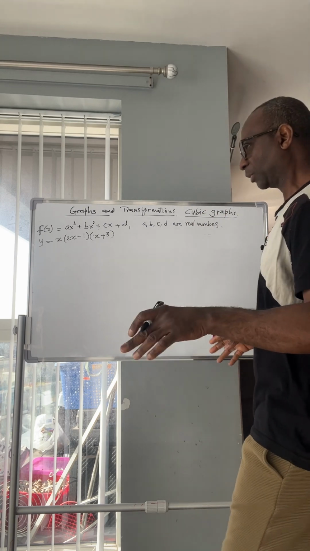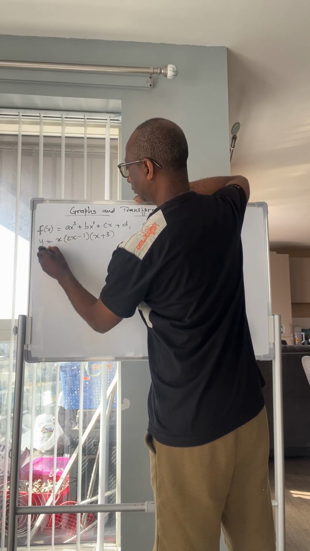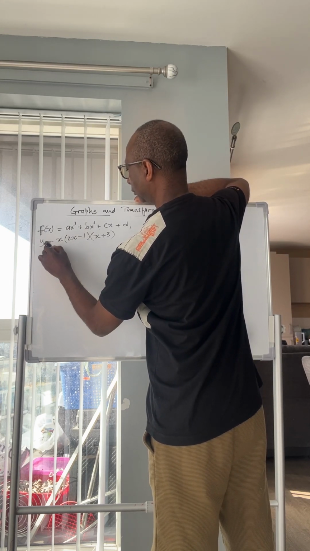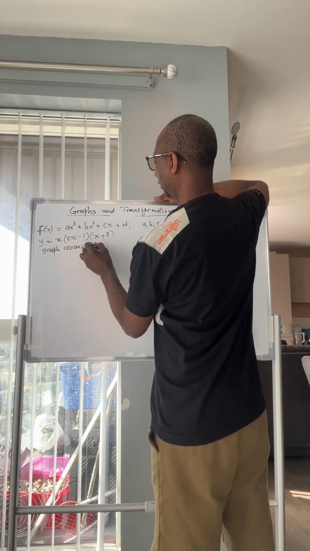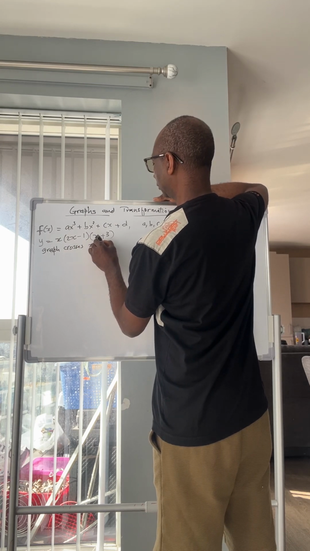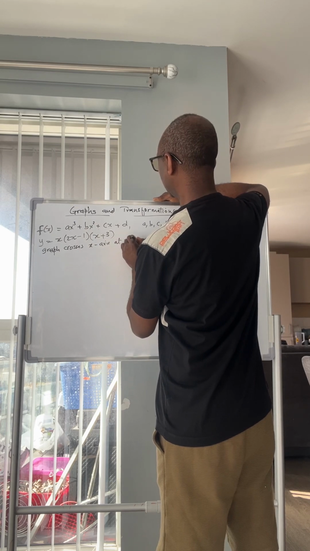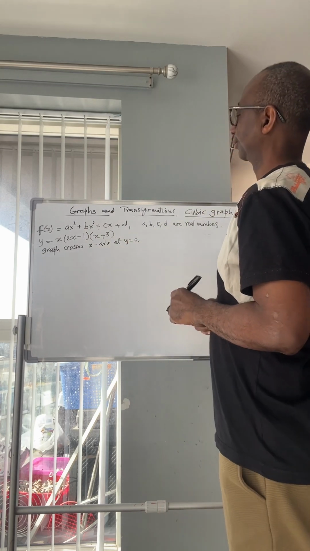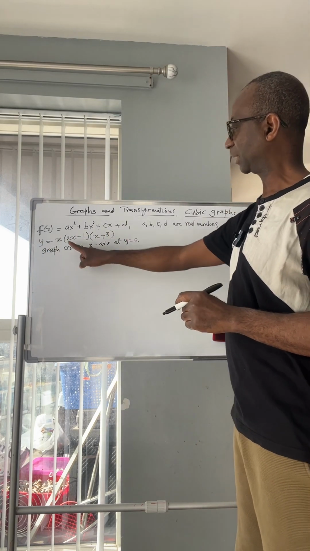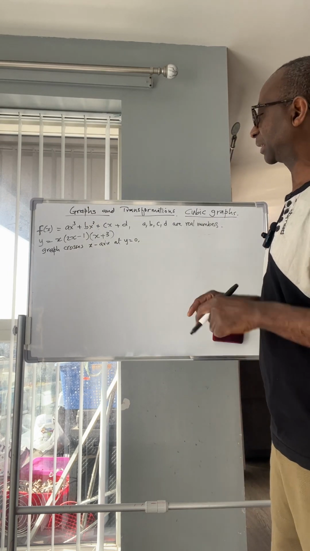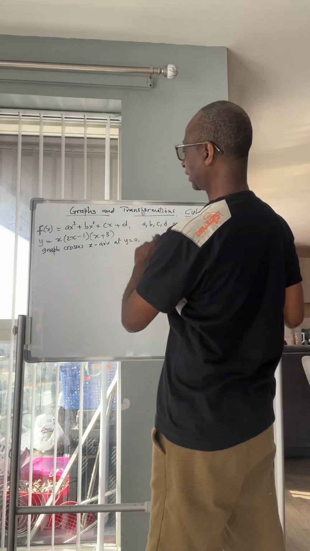So the graph crosses the x-axis at y equals 0, which means if we equate this function to 0, we will find the values of x. Then we know that at those points the graph touches the x-axis.